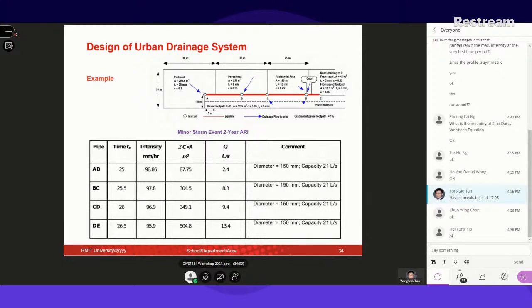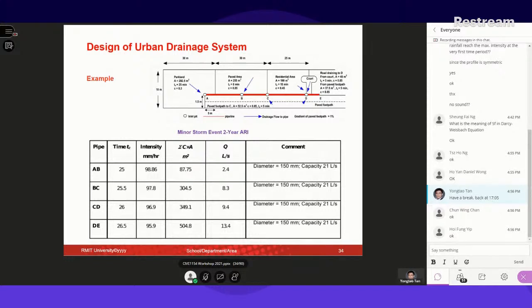Similarly, we can calculate pipe CD. For pipe CD, you need to calculate the runoff from the paved footpath and also the flow from BC. And for pipe DE, you need to calculate the runoff from the residential area, the paved footpath, the core, and the flow from CD.